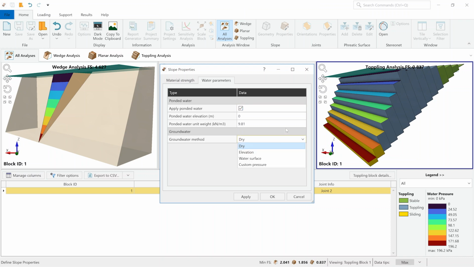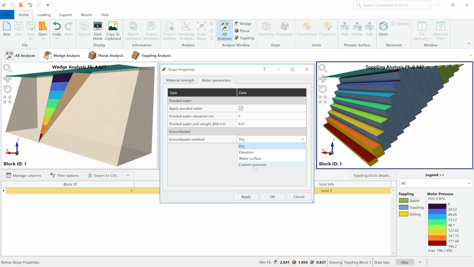We have 3 different ways of defining groundwater in RocSlope2, starting with elevation. Similar to how we've defined our ponded water pressure, we can define an elevation for the water surface, which impacts the water forces acting on the joints. We can choose the water surface. The user has the ability to draw a phreatic surface at the location of the water surface for any of the analyses and any of the blocks being analyzed.